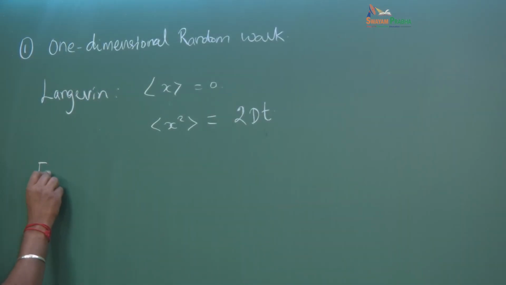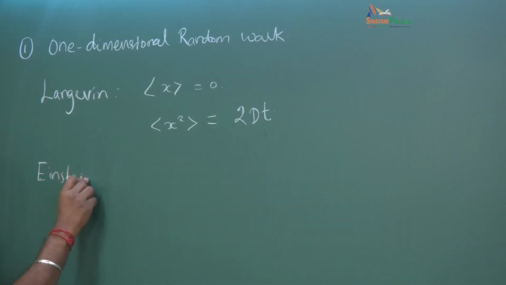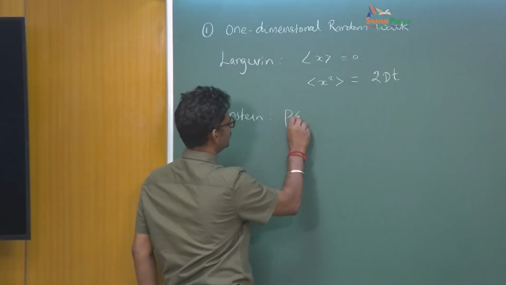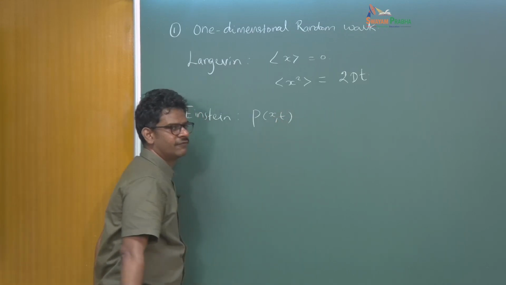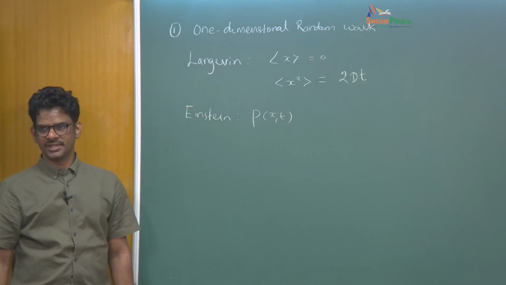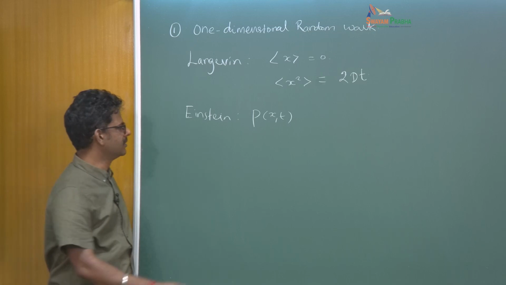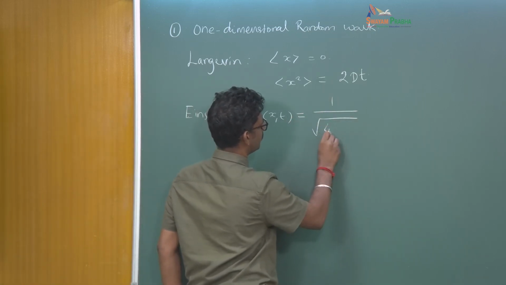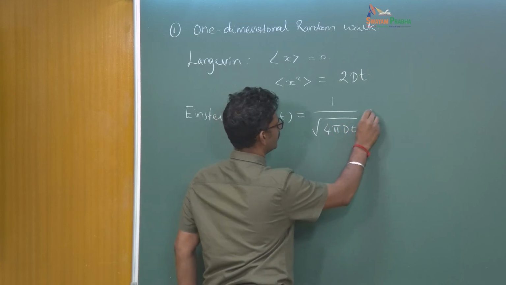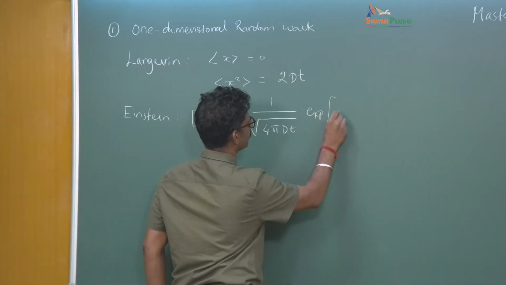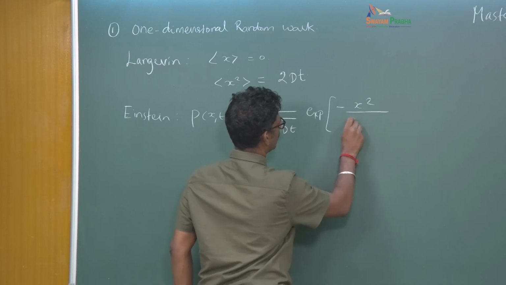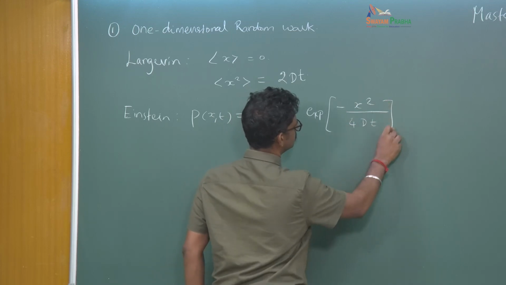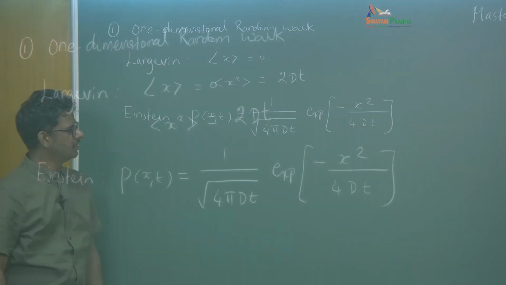And the Einstein's approach, I showed the solution but I did not give the details yet, but this tells you that the probability for finding the position at time t of a Brownian particle is Gaussian distributed. So these are the known results.